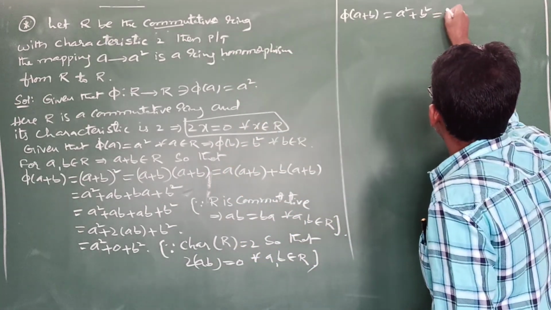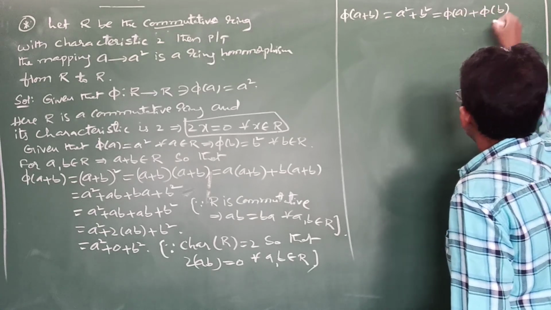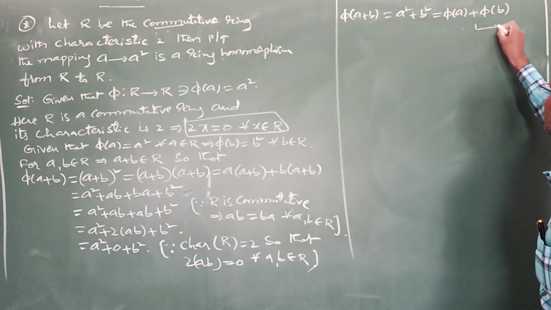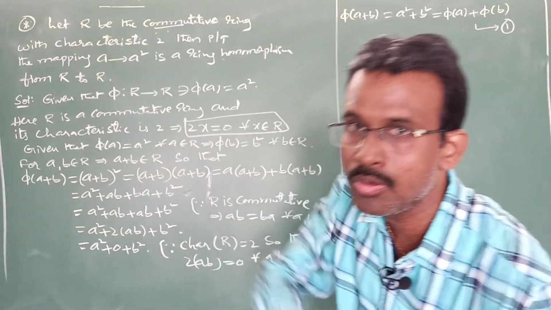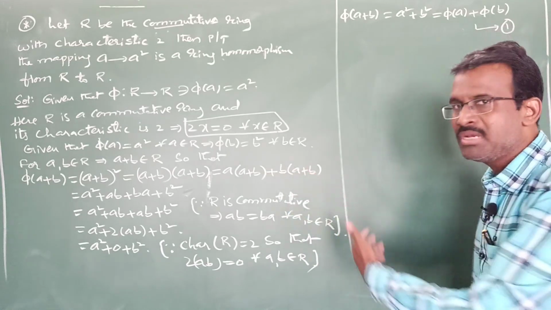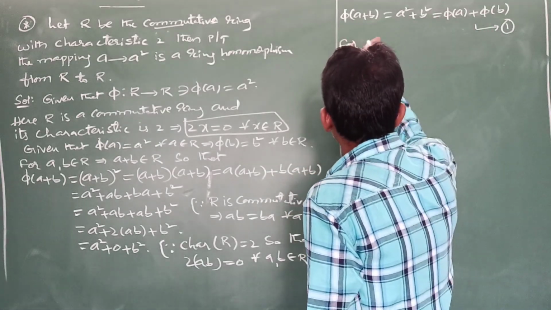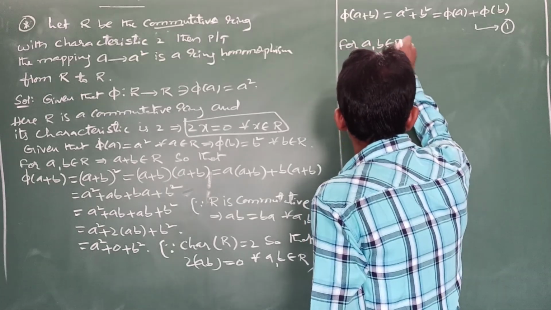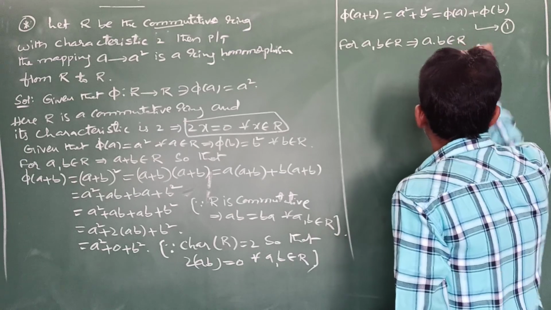Then this is phi of A plus phi of B. Let it be relation number 1. Under addition, the homomorphism condition is over. Now let us do this similar type of work under multiplication. That is, for A comma B belongs to R implies, is A into B belongs to R or not?